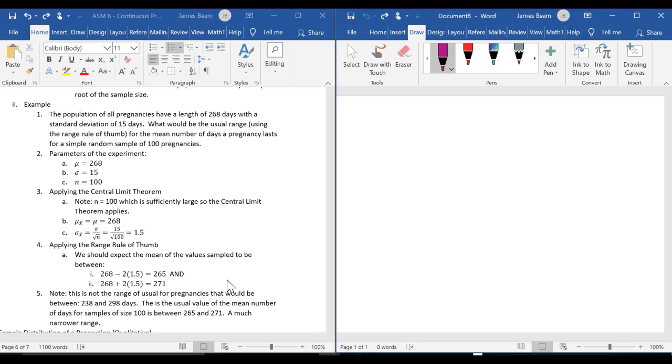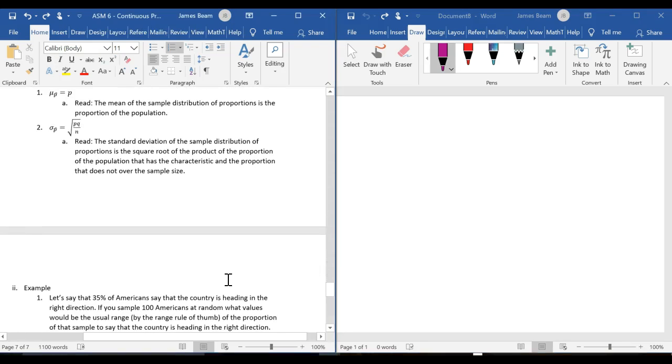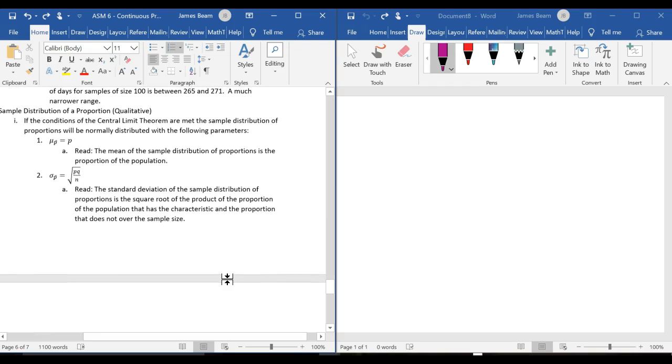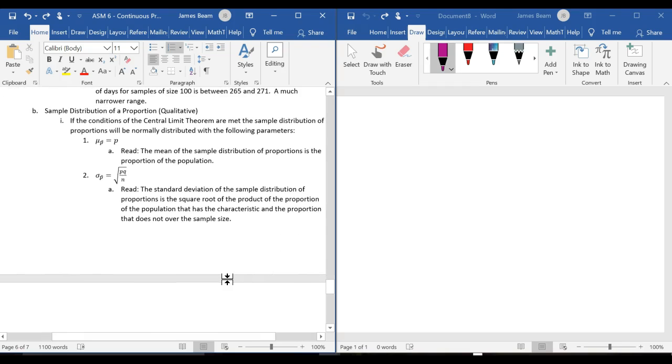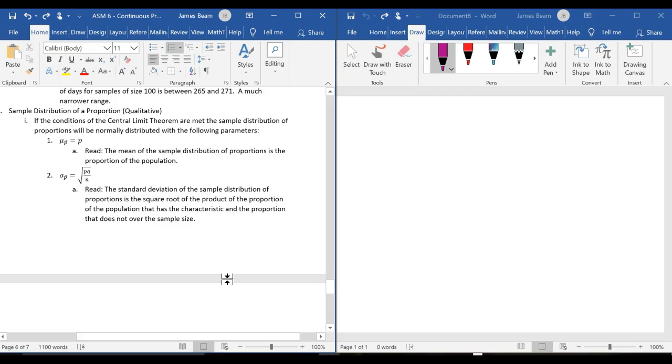The case that's a little less clear, and seems even more foggy to people, is how to deal with a proportion. This is the one that comes up in politics. So this is your qualitative situation.